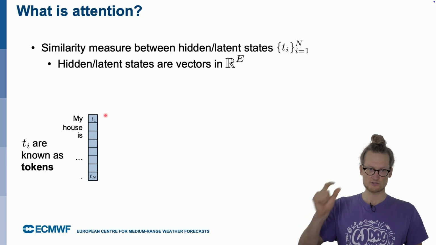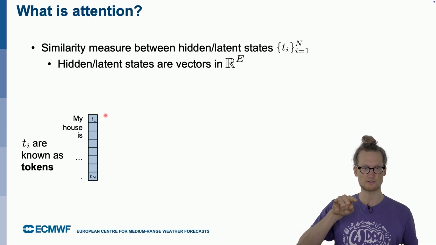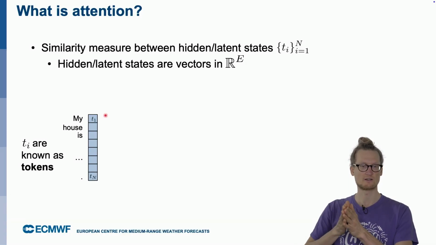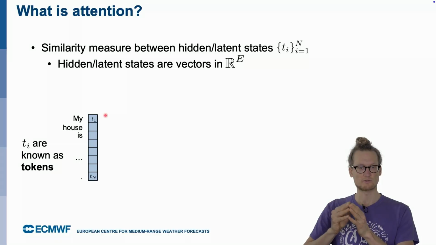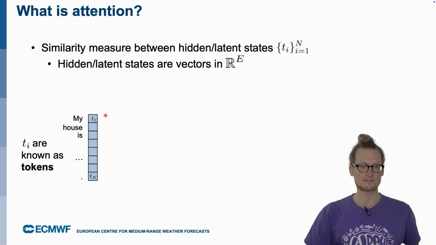For each single word, we encode it into some latent space, a hidden or latent state, which is an e-dimensional vector. Each word is converted into a token; t_i is the token for the word i in the sentence.